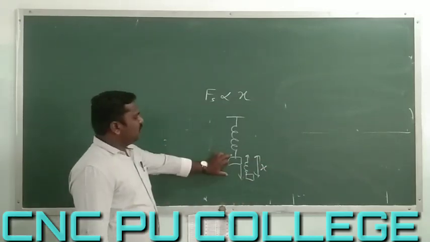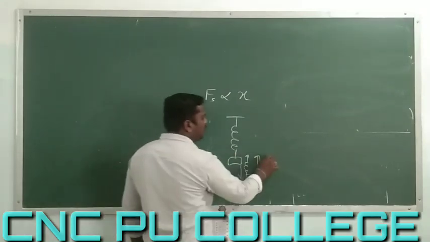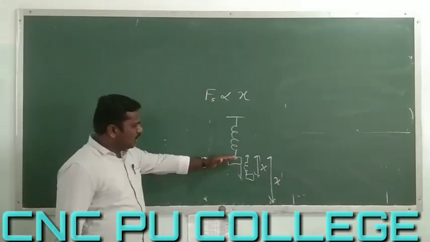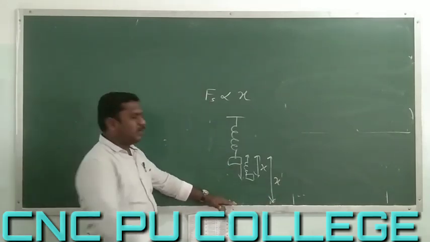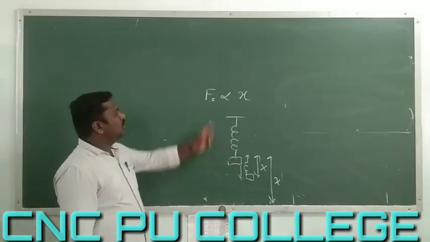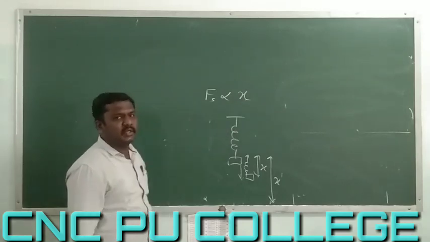If displacement is less, the restoring force is less. If we displace it to a greater distance, the restoring force required is also more. So we can write spring force is directly proportional to displacement.